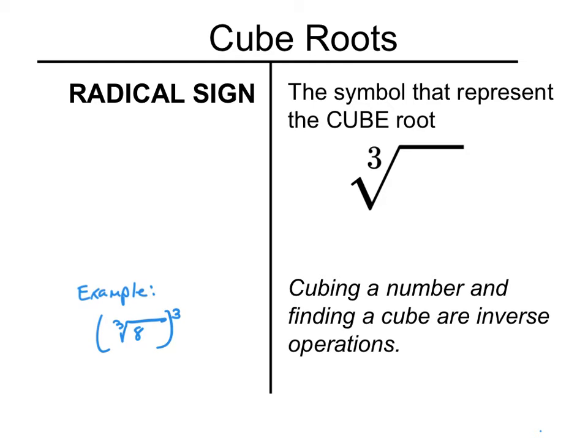So if I do the work out, the cube root of 8 is 2 times 2 times 2, so it's 2. And now if I take 2 to the power of 3, that's also 2 times 2 times 2, which is 8. So they are inverse operations.